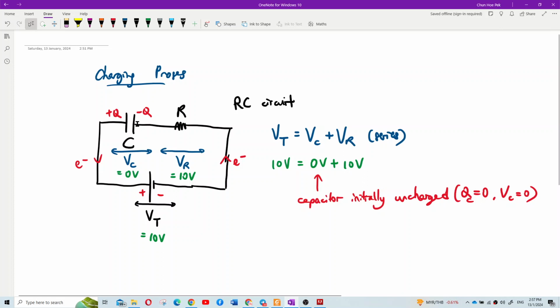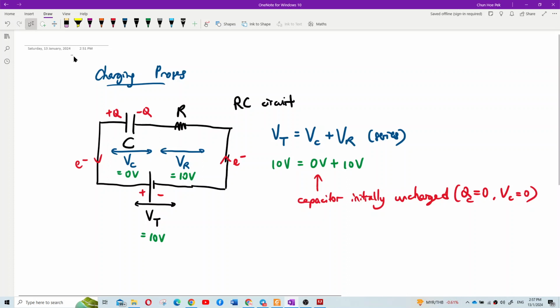So what I want to say is, it starts charging already. Initially the charge is 0, but then it starts to build up charge. The battery will charge the capacitor slowly. So that means the voltage across the capacitor will start to increase.